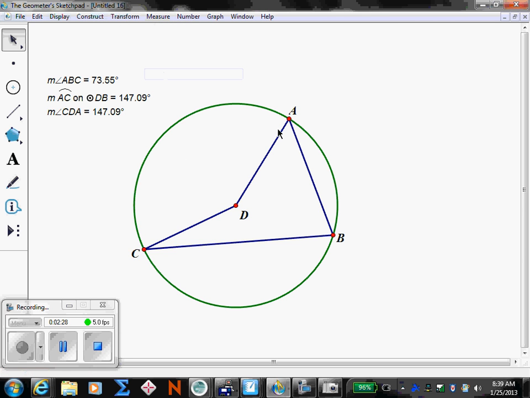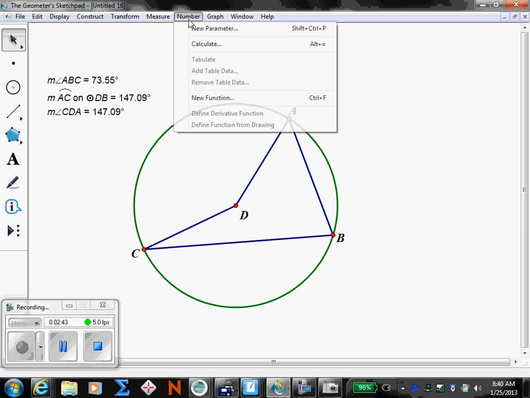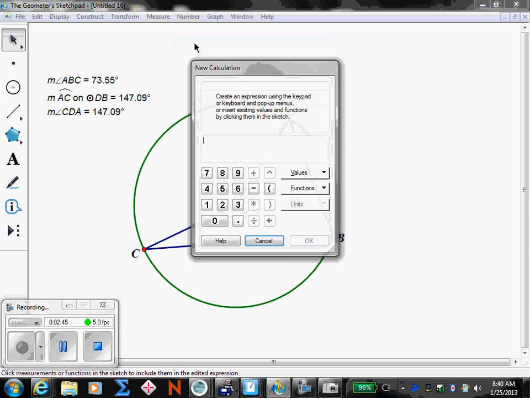And we've already talked about how the central angle is the same measure as its intercepted arc, but what about this inscribed angle? So I am going to go to the calculator and see what the relationship is. So if I take angle ABC and I multiply it by 2 or double it, look what I get.